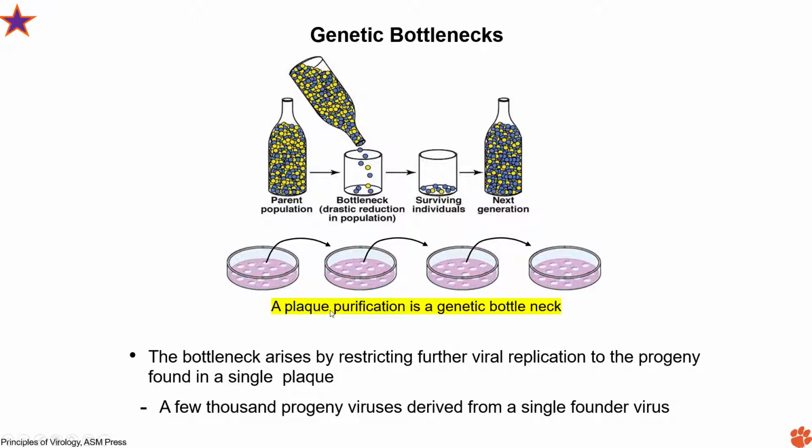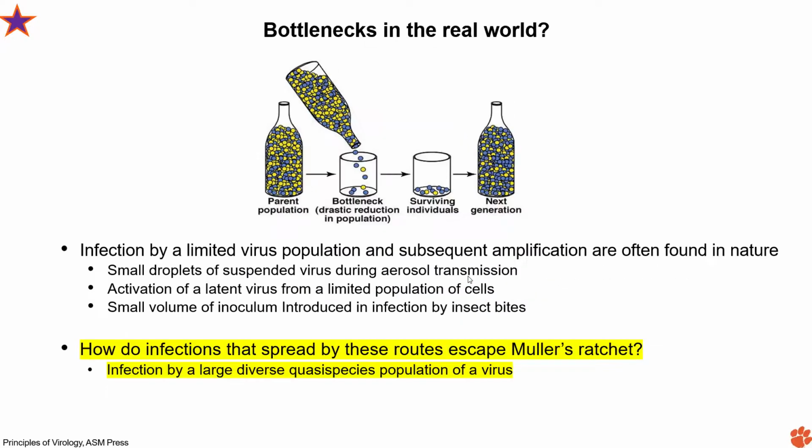When you do those, usually you plaque purify, which is a genetic bottleneck, and that can reduce the fitness of the virus. You can see that kind of problem, that the virus is becoming less and less infectious.